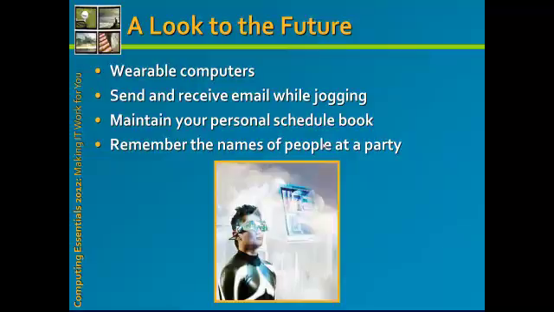Maintain your personal schedule book. Once again, Siri, with the iPhone 4S, you can set an appointment and time just through your voice. Remember the names of people at a party. That is more, I'm not sure how it would do that. Maybe Siri would be able to do that too if you tell everybody you meet, hey, talking to my phone, I want to remember who you are, kind of thing, but I'm not sure.